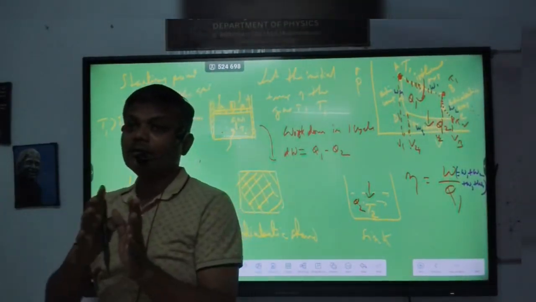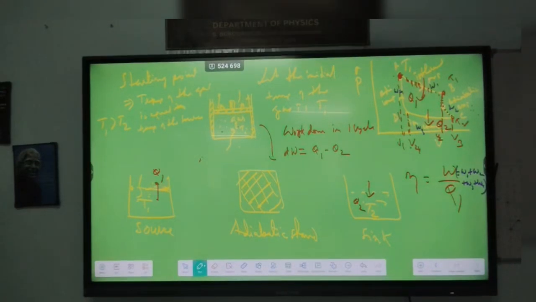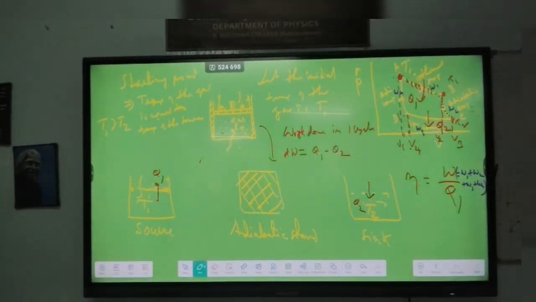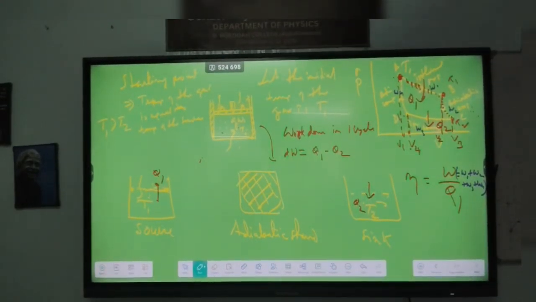So I have to find out all these expressions, W1, 2, 3, 4. Then I will add all of them. Then I will see how much Q1 amount of heat is taken. And if those values are equal, that means if W is equal to Q1, then I can say that the efficiency is 100%.